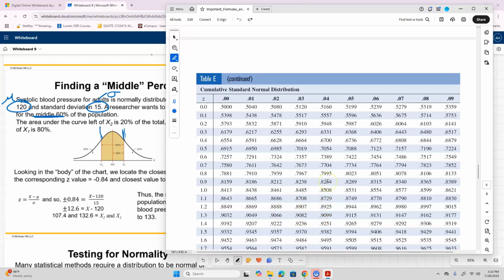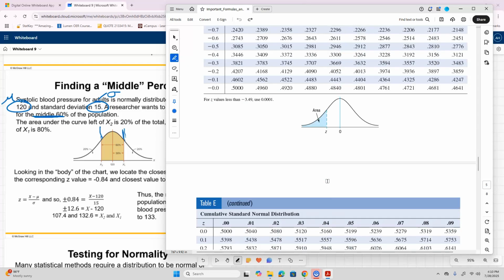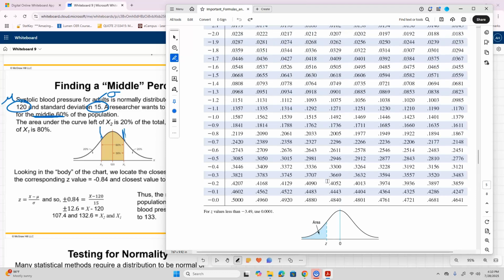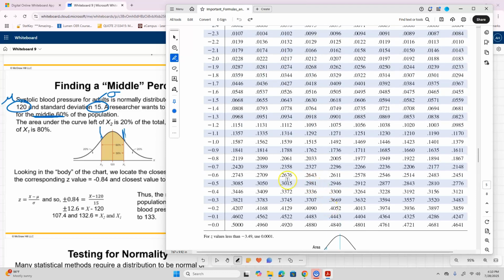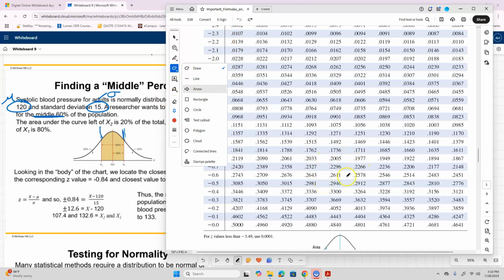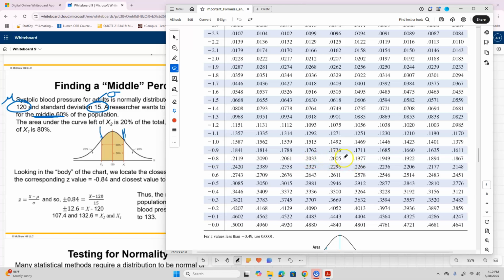All right, so I'm going to search through this chart. I know it's going to be below 0 because it's going to be below average. So I'm looking for 20%, as close as I can get to that. Let's see, I've got 0.2033, 0.2005, and 0.1977.